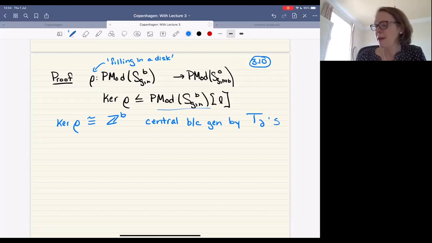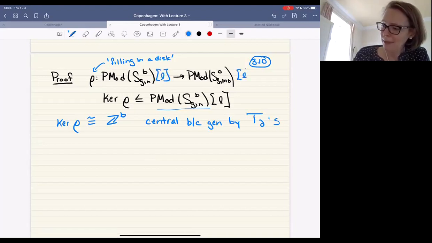So in other words, I get a surjection on the restriction, so I get a map here, and I end up with a central extension.